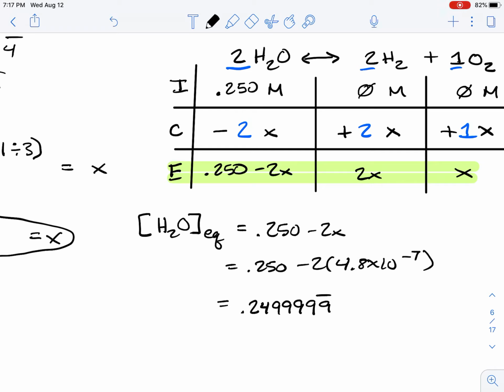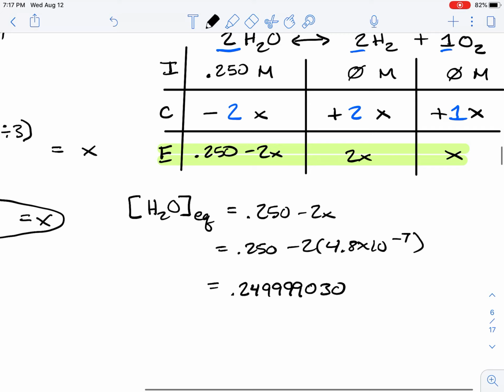Sorry, so 0.24, then 4 nines, and then a 0, a 3, and a 0. If you express this to the correct number of sig figs, it's still going to be 0.250 molar.